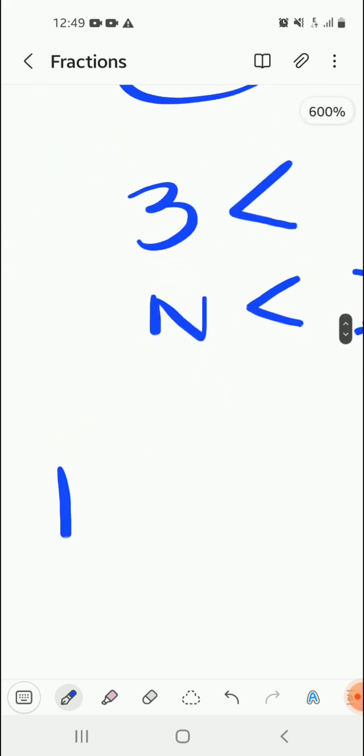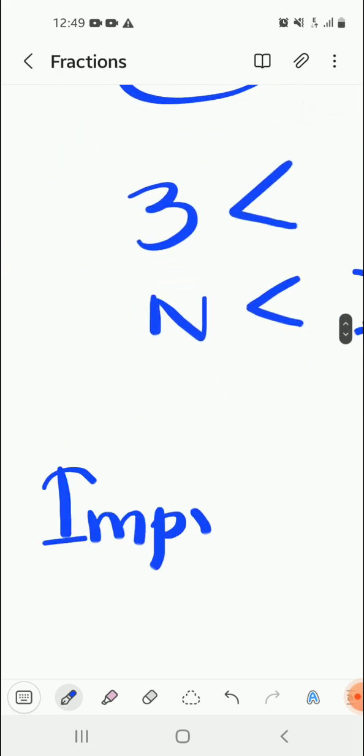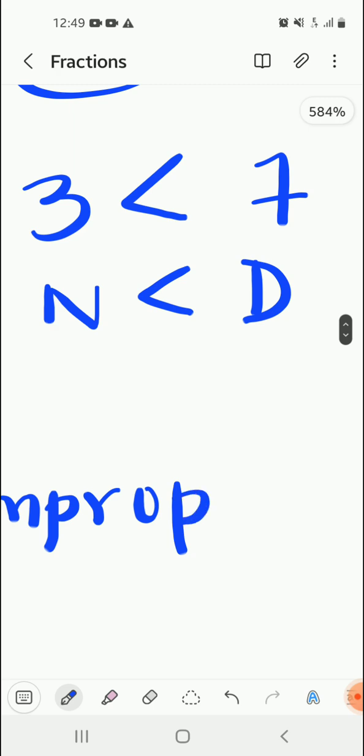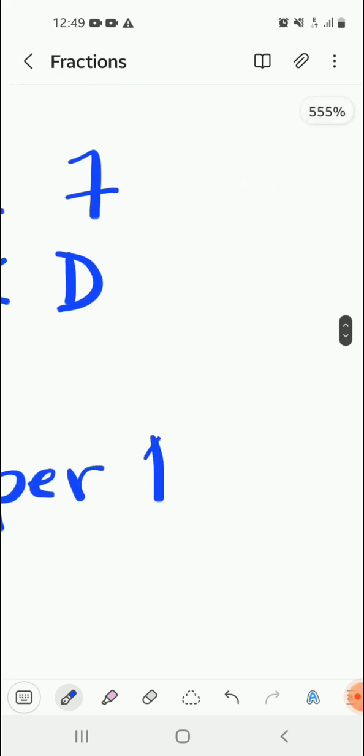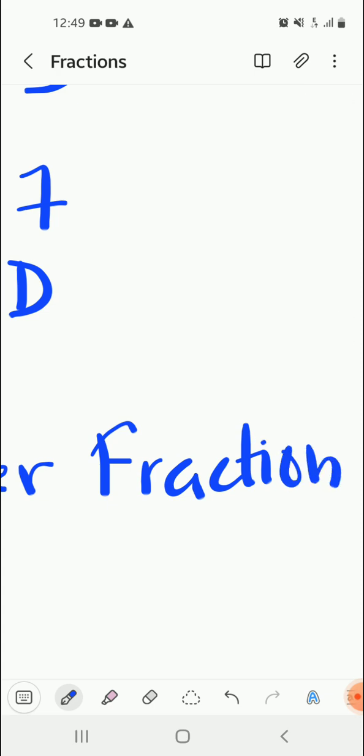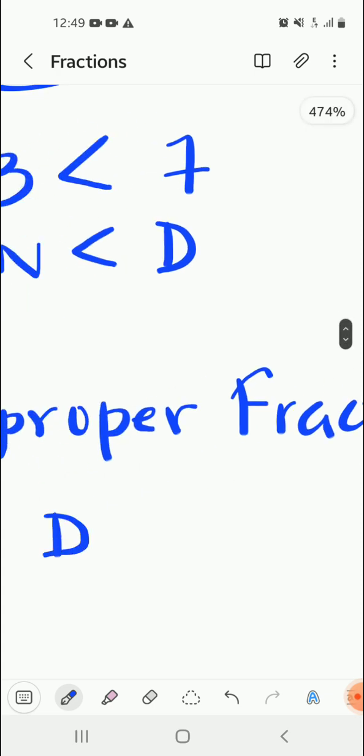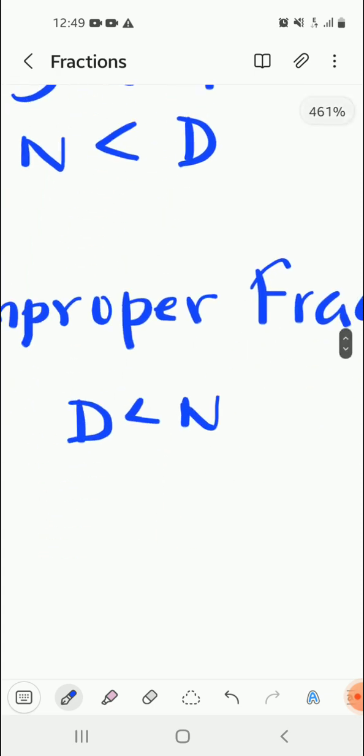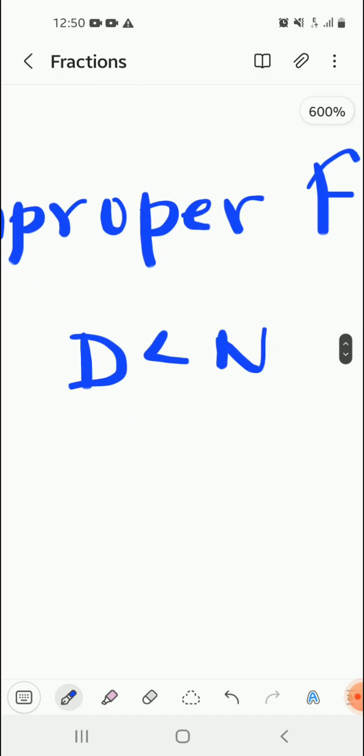The next type of representation of fraction is known as the improper fraction. It is again the opposite of proper fraction, where the denominator is smaller than the numerator. For an example, it is 7 by 2.